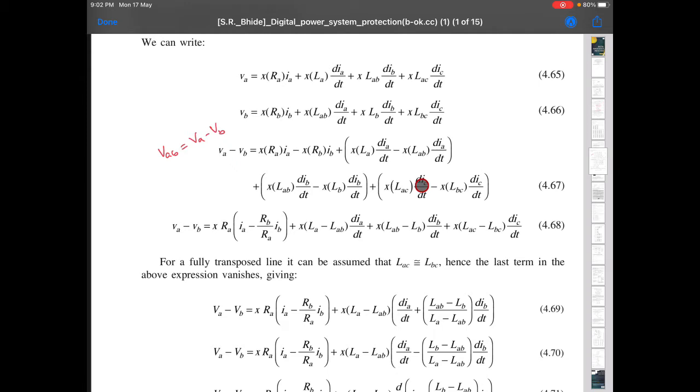Why do we simplify? Because this has to be implemented in MATLAB, or maybe you are using a C program. We use a compiler for a higher level language to convert it into binary. Binary means it will be in hexadecimal code, and that is the hex file you are going to generate.